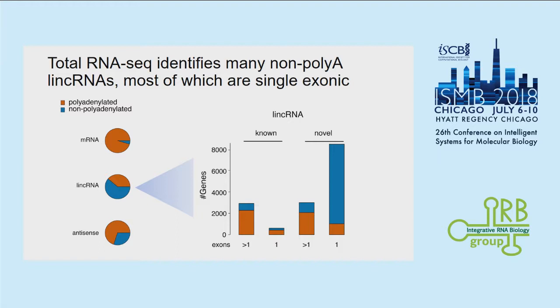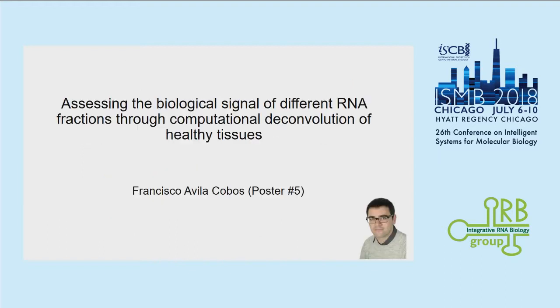Anyway, we also found a fraction of multi-exonic lincRNAs that are non-polyadenylated, and this highlights the importance of using total RNA sequencing to profile a part of the non-coding transcriptome that is non-polyadenylated. And so far, I have shown you how we generated our transcriptome and different approaches we took to further filter it and annotate it.